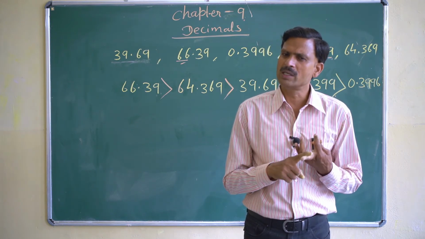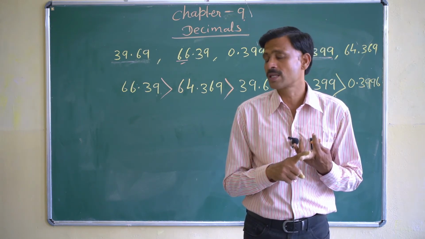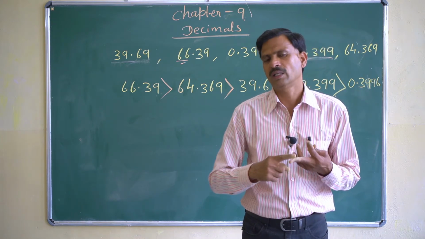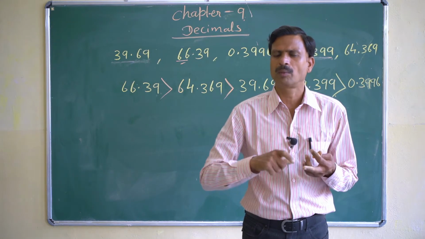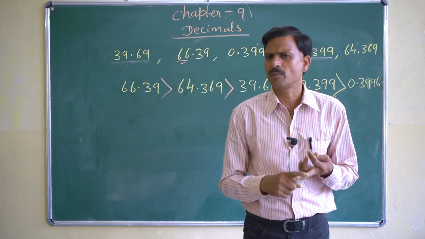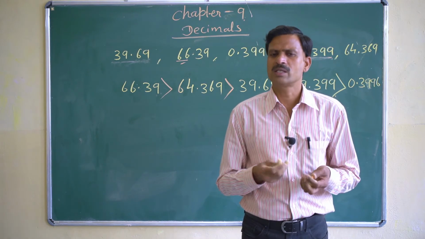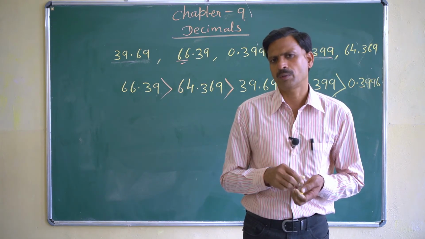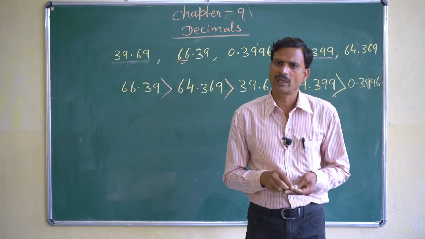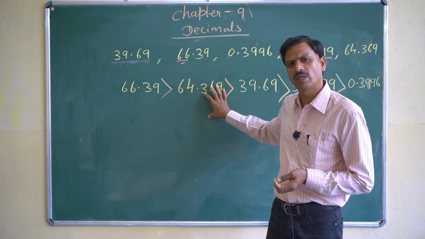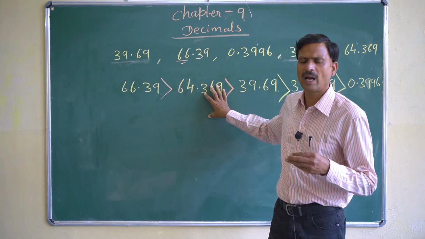If that is also the same, we see the second place digit after the decimal, then the third place digit, then the fourth place digit. The place digit that is greater will decide it. I hope you understand better how to arrange the given numbers in ascending and descending order.